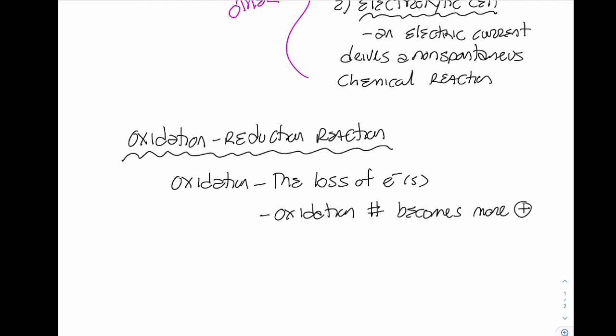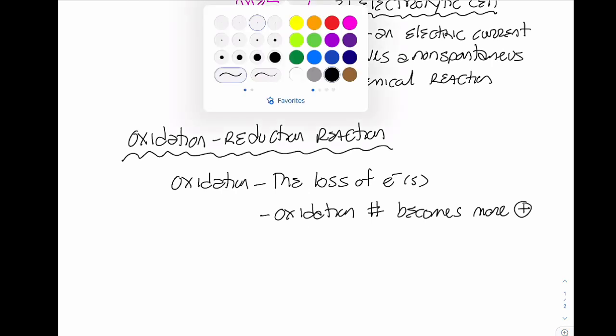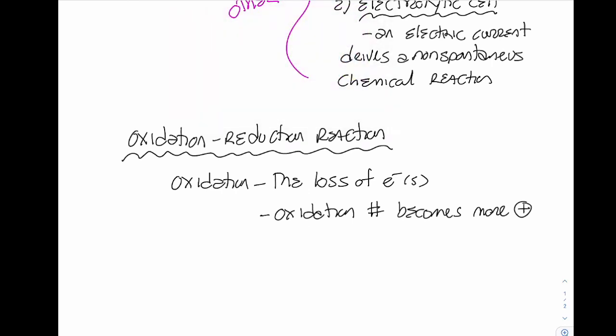Remember, electrons are negatively charged. So if it's lost negative charge, it's become more positive. And then again, be careful. I'm not saying it becomes positively charged. I'm saying it becomes more positive. So if it went from a -3 to a -2, -2 is more positive than -3 is. It's lost electrons. It's been oxidized.